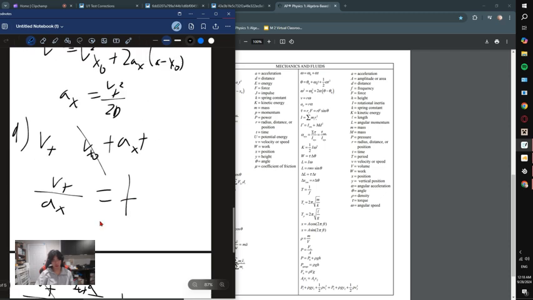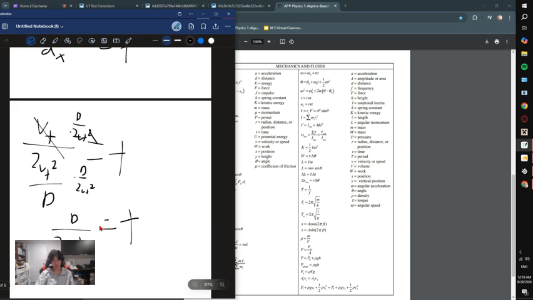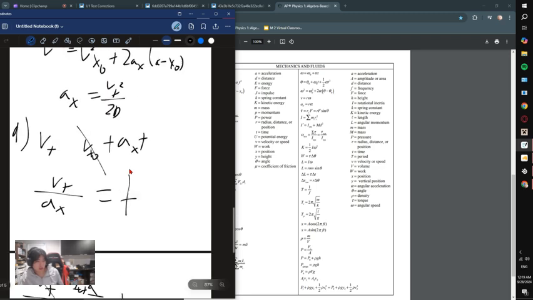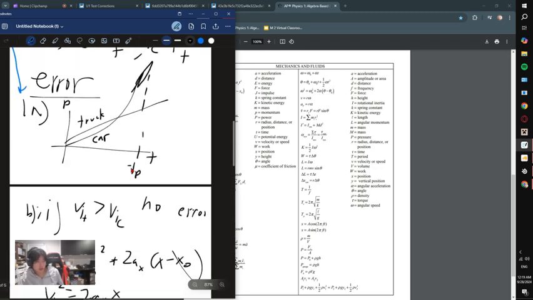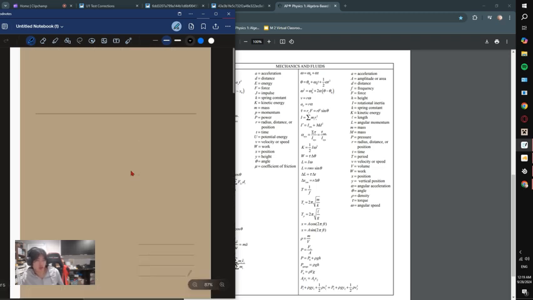Vt equals d over, let me write this, d over td. Well, we can just look at a graph.